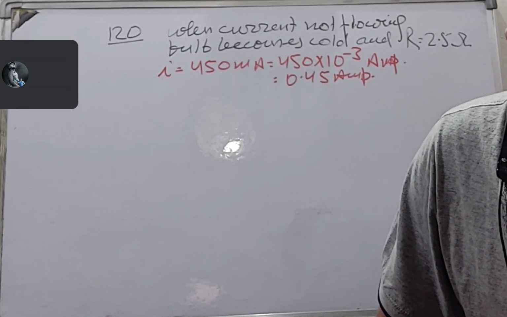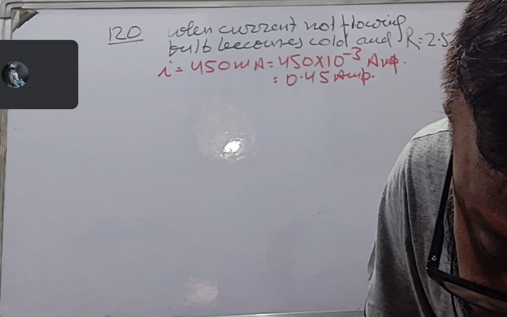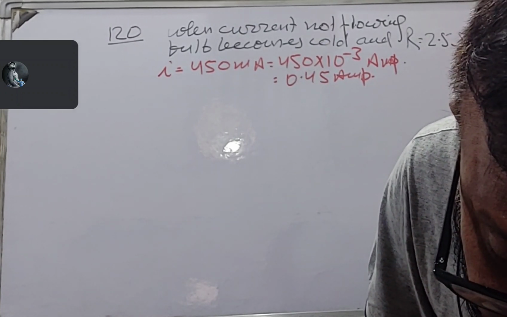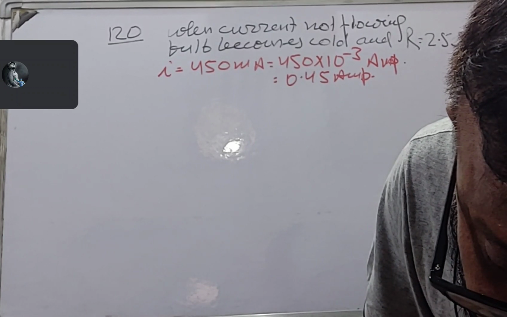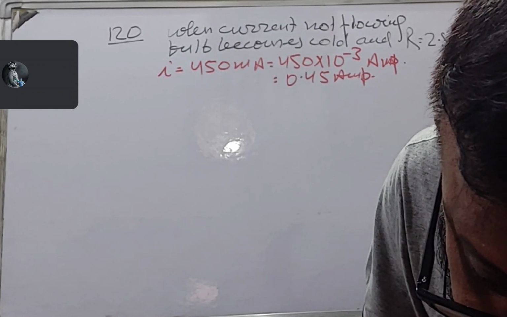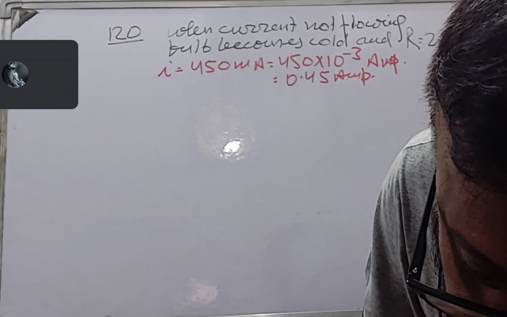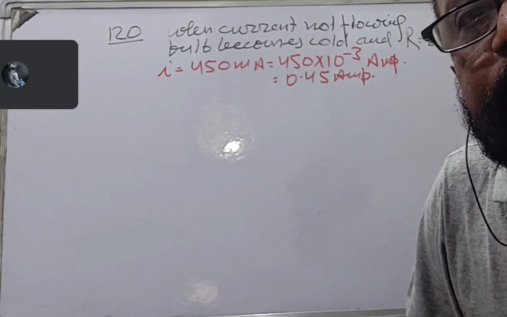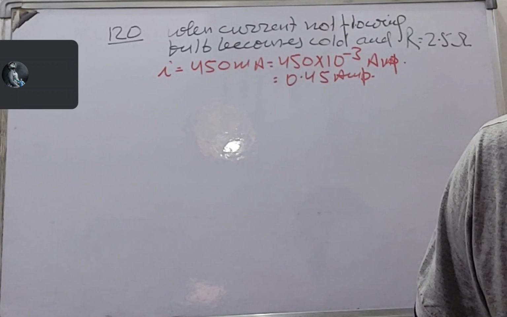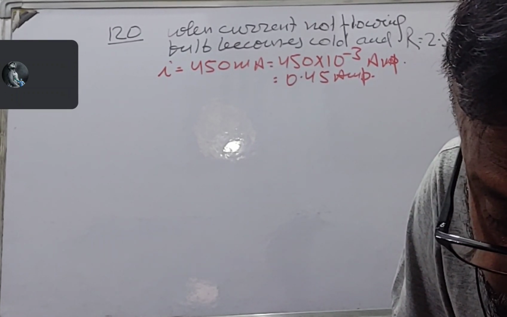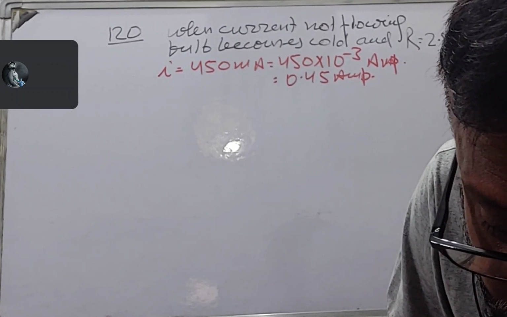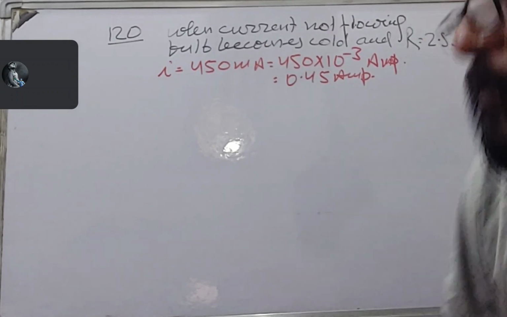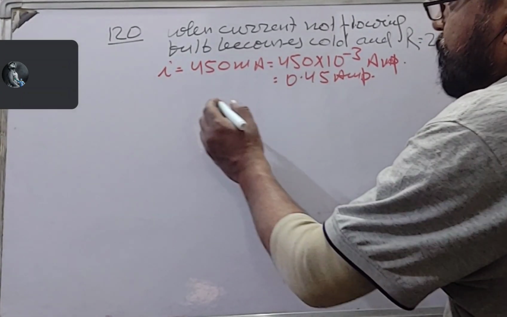So now when connected to a 6-volt battery, what is written there in the last part after that? It is not clear in the picture which you sent me. Oh, okay.